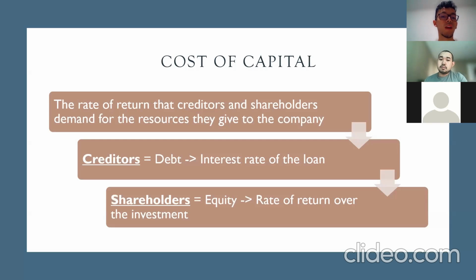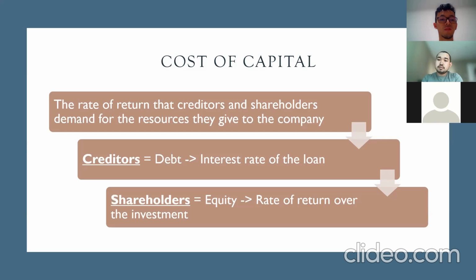The first one is from creditors, and the second one is the shareholders. From creditors, the money is called debt, and the interest rate of the loan is the number that we have to consider to calculate the cost of capital.